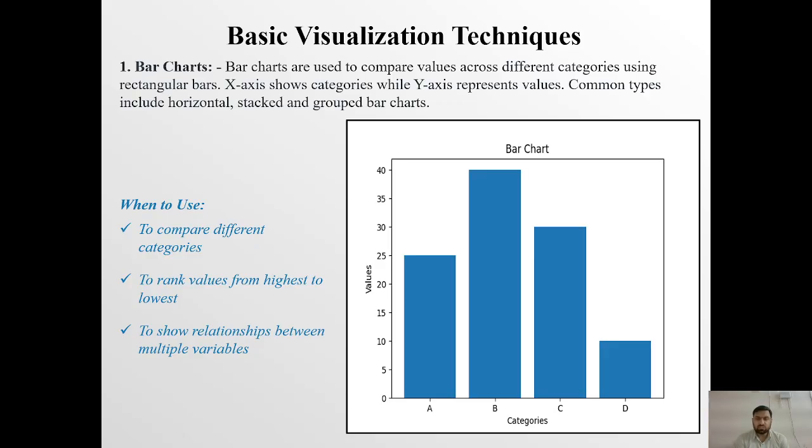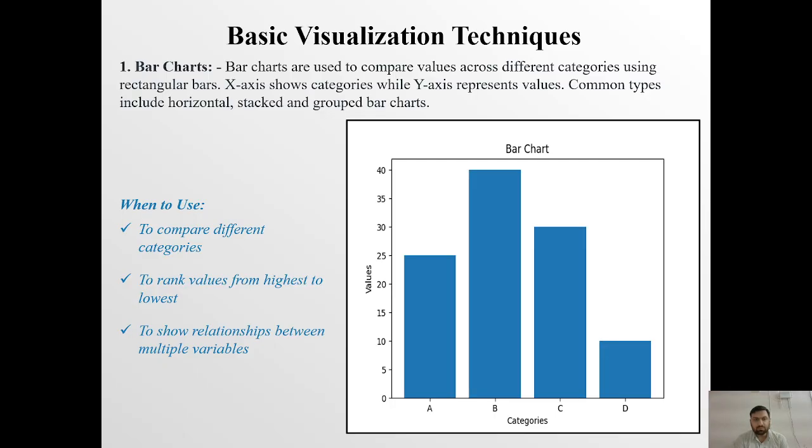Basic visualization techniques. Bar chart. Bar charts are used to compare values across different categories using rectangular bars. The x-axis shows categories while the y-axis represents values. In this bar chart, on the left axis values are given and on the bottom, alphabets are given, that is A, B, C, D, the categories.